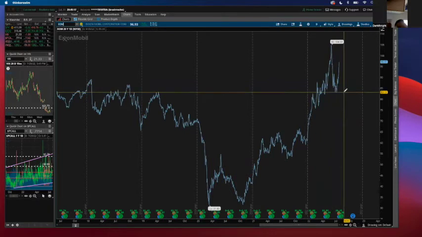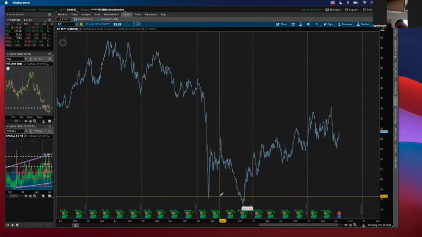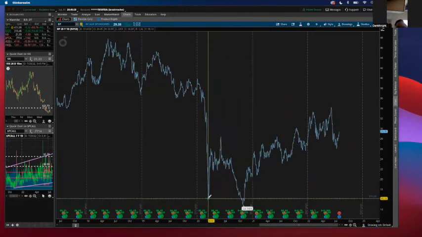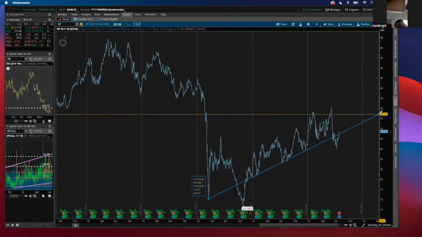Like, for example, just out of curiosity, I'm going to see what BP did. BP, see, BP is not doing anything that we want. See, this is the example. It hasn't ran as hard, and look at what you're missing out on.